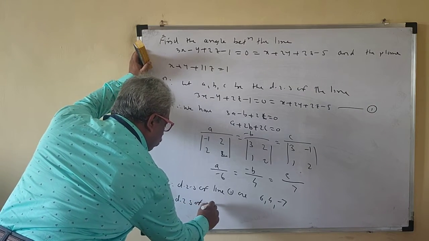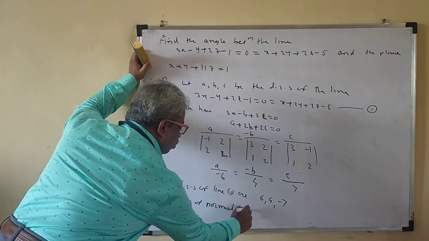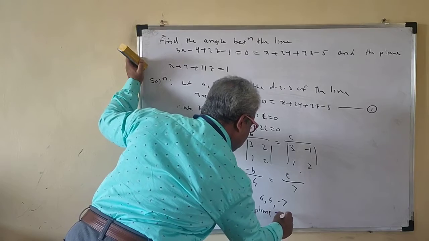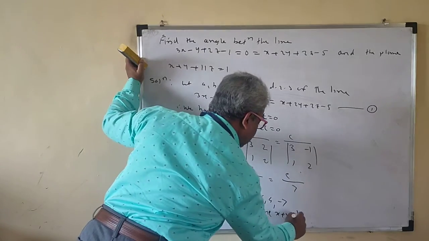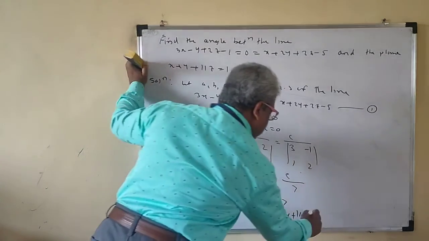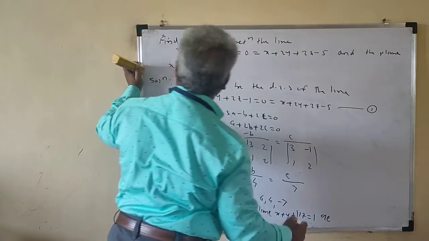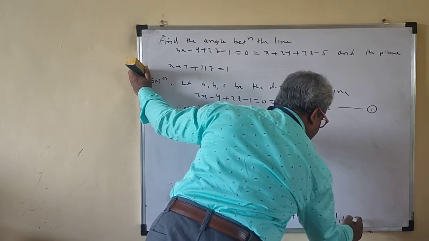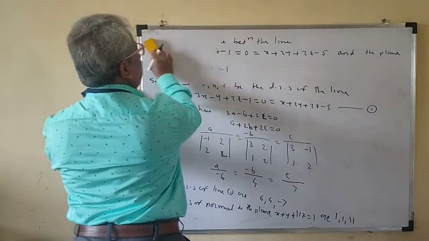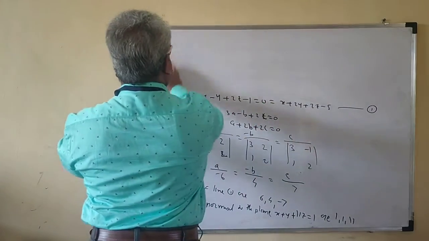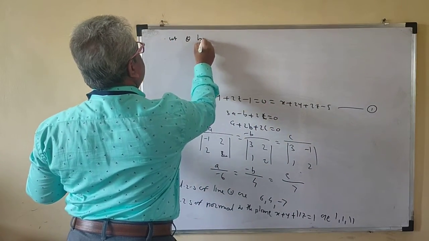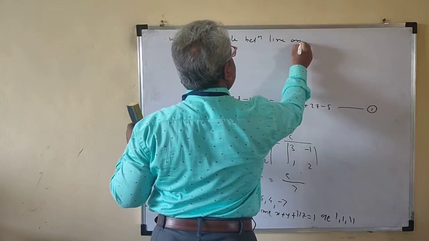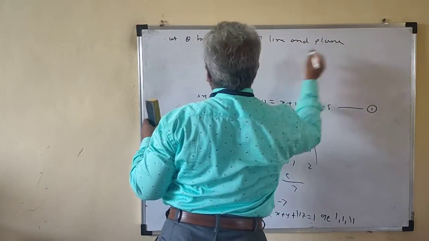So the DRS of the normal to the plane x plus y plus 11z equal to 1 are 1, 1, 11. Let theta be the angle between the line and the plane.